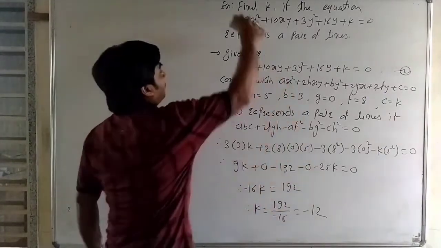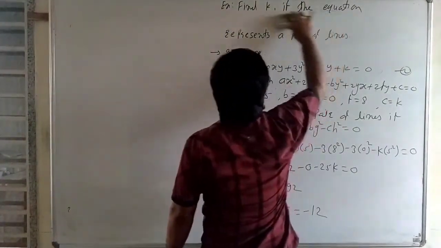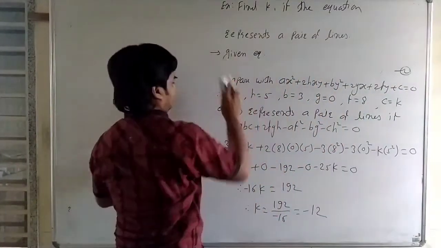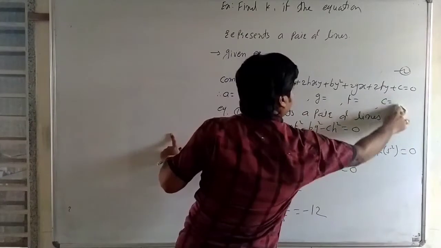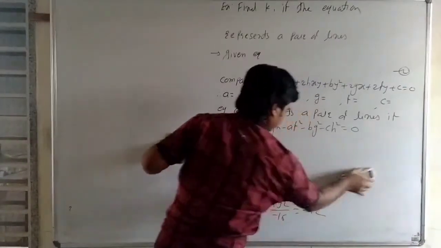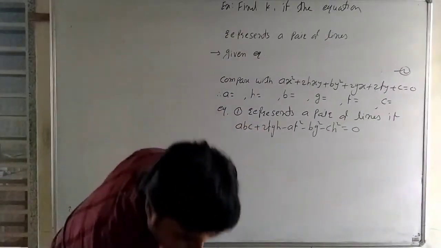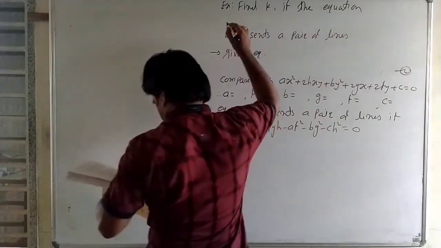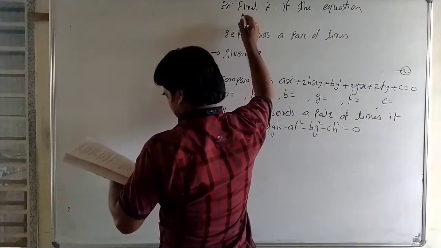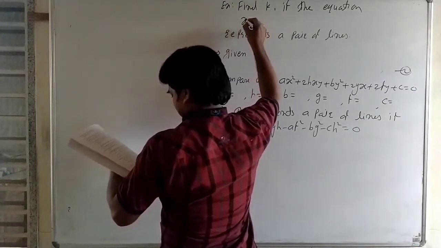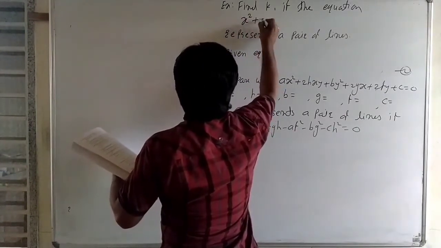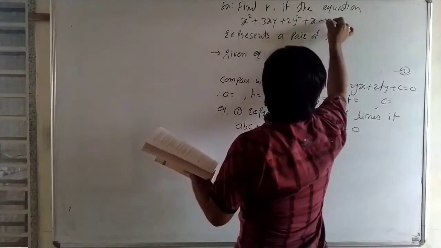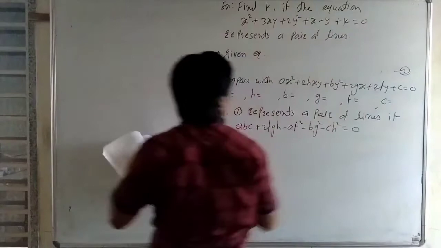Now next. X square plus 3xy plus 2y square plus x minus y plus k is equal to 0 represent a pair of lines.